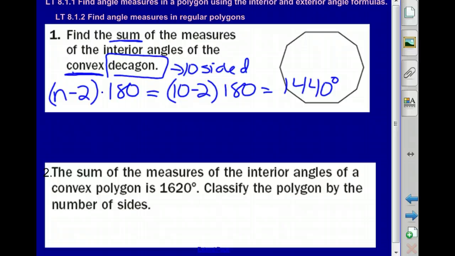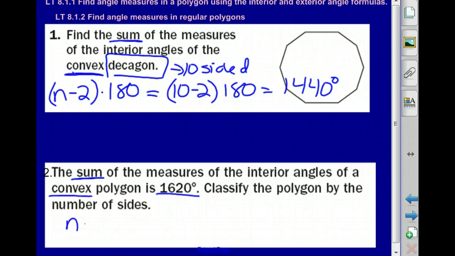The next one says the sum of the measures of the interior angles of a convex polygon is 1,620. Classify the polygon by the number of sides using the same formula. Why? Because it says the sum of the measures is equal to this. And again, it's a convex polygon, so if you extend all the lines, it's never going to go into the interior.